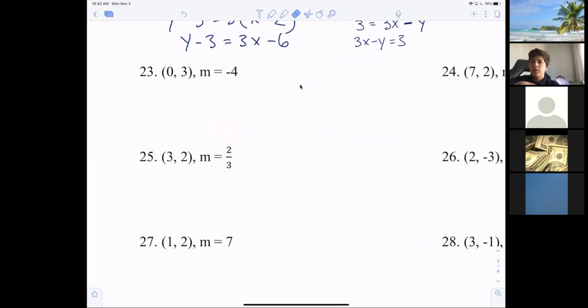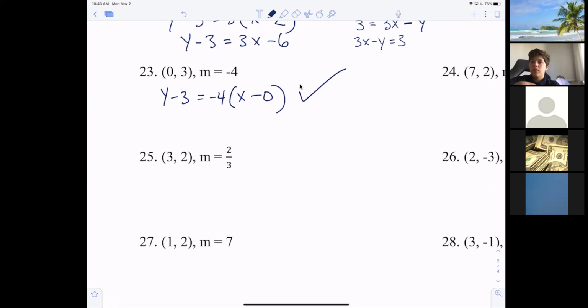Come on, Alden. All right. The equation is y minus 3 equals negative 4 times x minus 0. Pat yourself on the back if you did that.